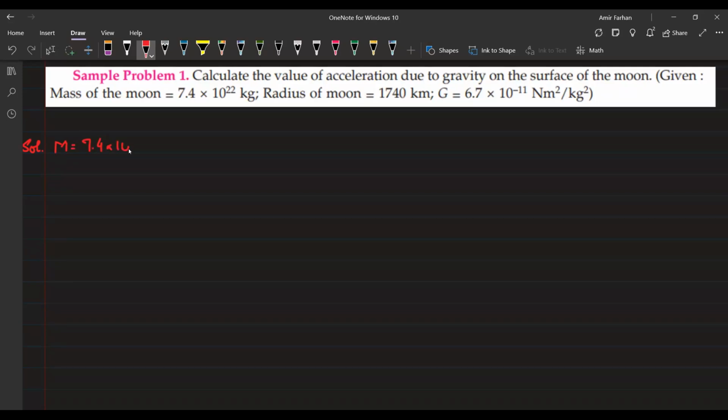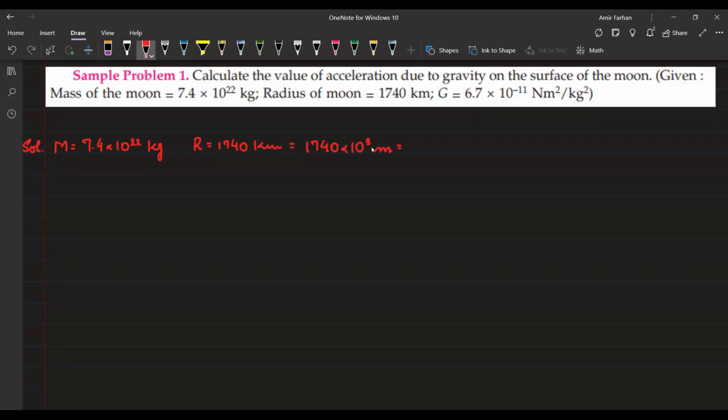7.4 into 10 to the power 22 kg. Radius of the moon is 1740 kilometers. Kilometer is not the SI unit, so we have to change it. So that would be 1740 into 10 to the power 3 meter.